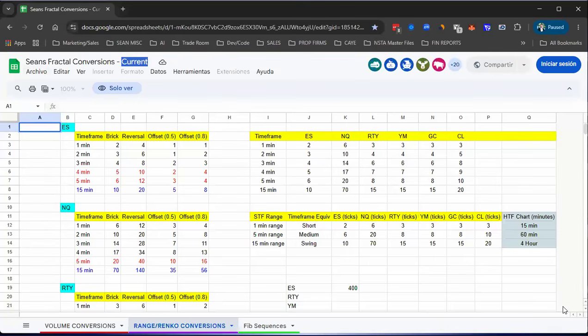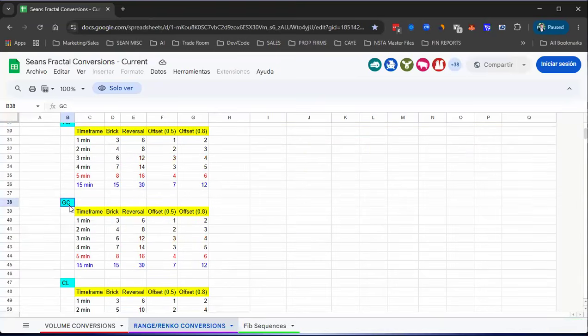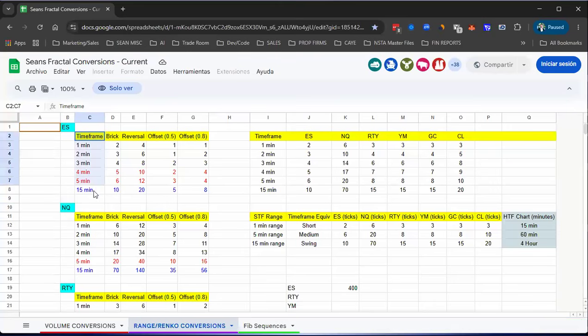And what I did was this document is using conversions, right? If it's not in English, it's because I'm down in Mexico, so my IP address probably changed to Spanish. But anyways, the data is the same. I've got it down by the S&P, the Nasdaq, the RTY, the Russell, GC, and what we're doing is just showing bricks.